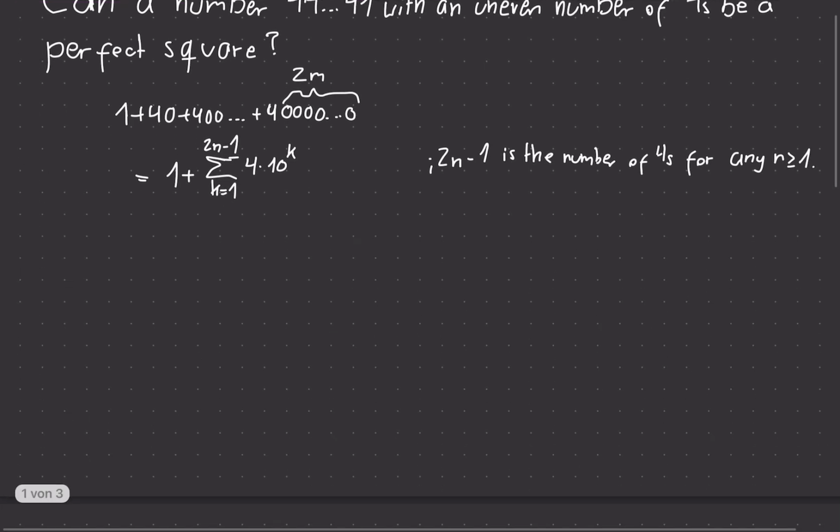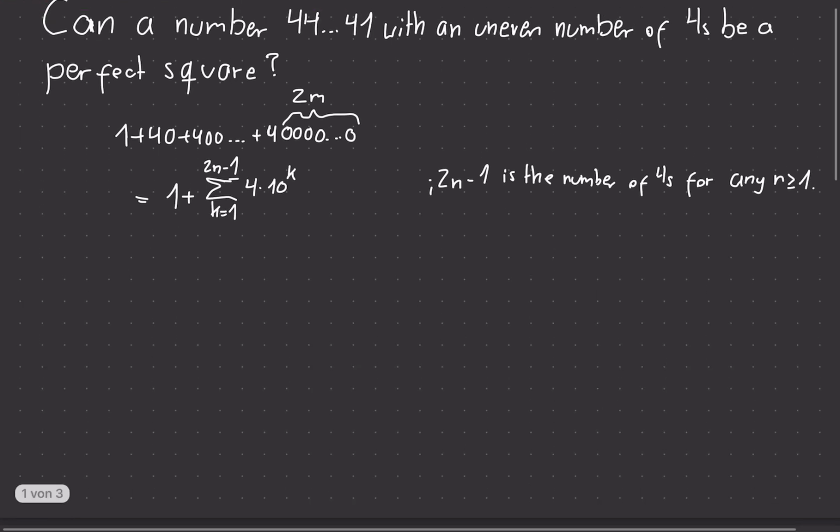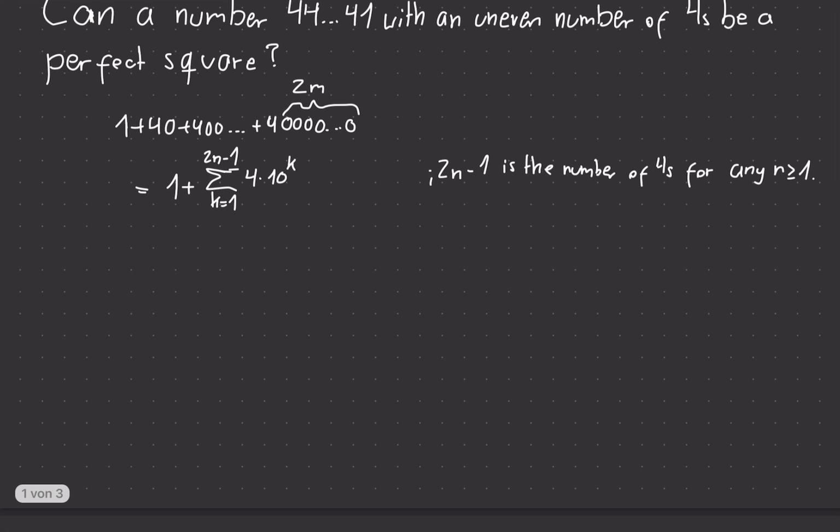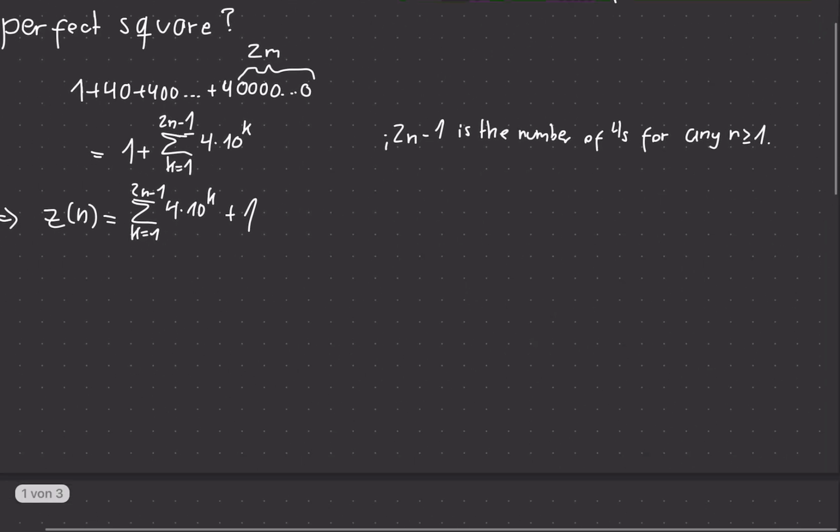Alright, so now we have a way of expressing our number that I will call z of n. So this 4441 is z of n, which equals this series plus 1. And we also know the formula for a geometric series. I'm going to write it on the side.